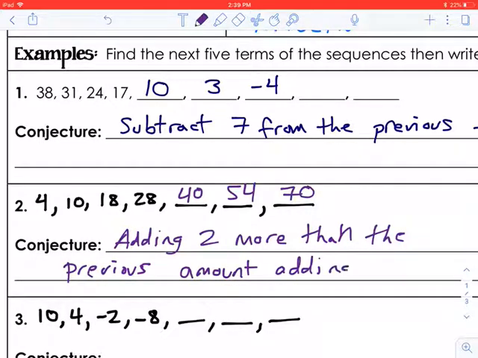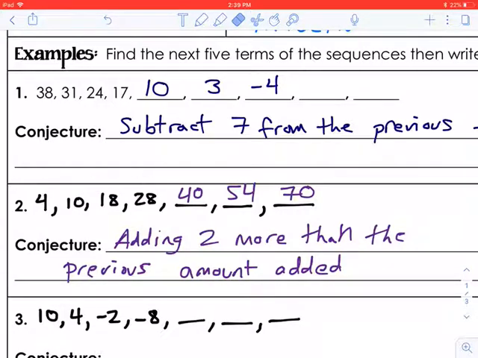You could probably say that more elegantly, but it's adding 2 more than the previous amount added. So it's going to go plus 6, plus 8, plus 10, and so on.